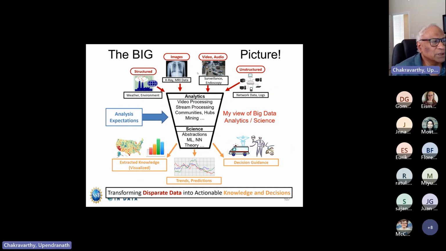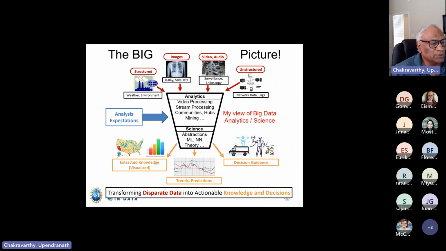It can be structured data, image data, audio, video data, or unstructured data. You're blindly exploring data, but you have some analysis expectations, what you are looking for, plus other kinds of analysis. And the ultimate goal is to extract and visualize knowledge in a meaningful way.